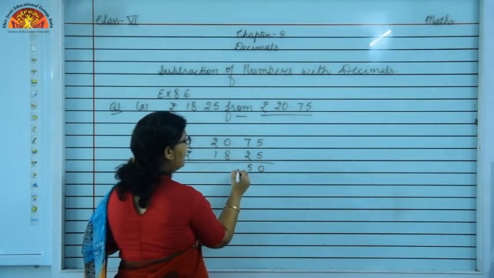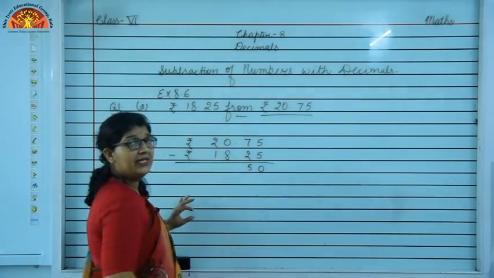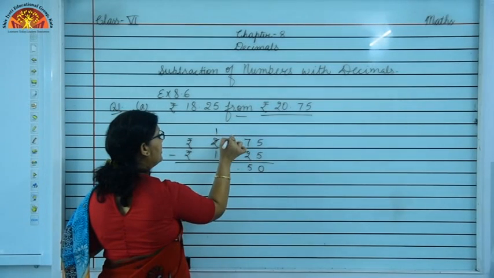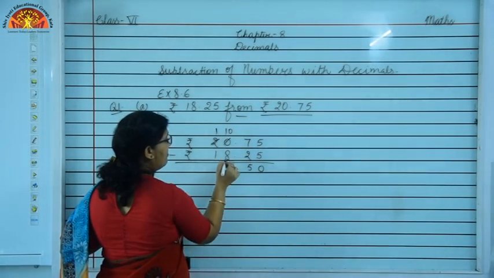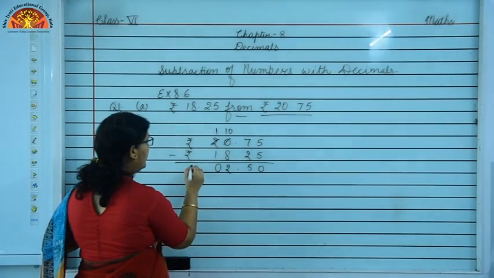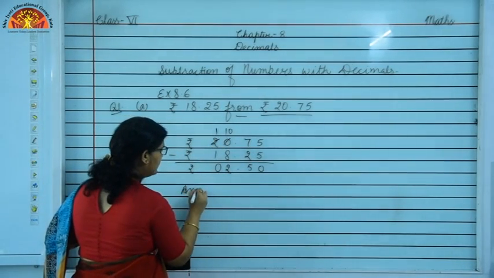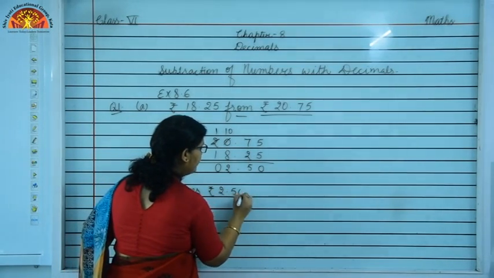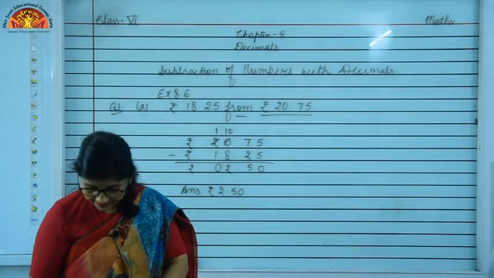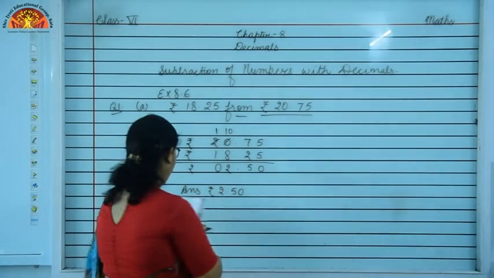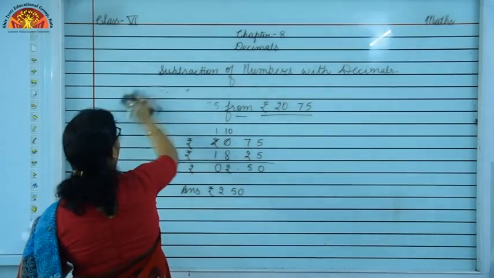Put decimal below decimal. 0 minus 8 is not possible, so we borrow from 2, it becomes 1, and the 0 becomes 10. Now 10 minus 8, 2, and 1 minus 1, 0. So what is the final answer? Answer is rupees 2.50. Understood?